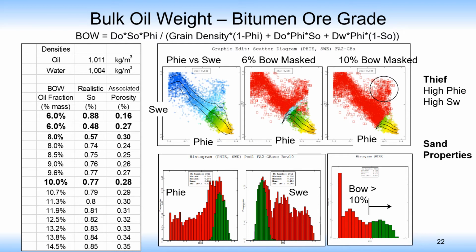Okay, and here we have a table. We calculate that from constants and the saturation and porosity, right? A low side for the oil sands reservoirs is 6%.